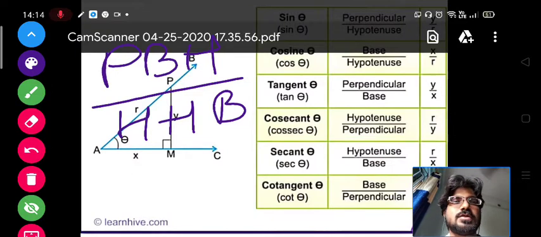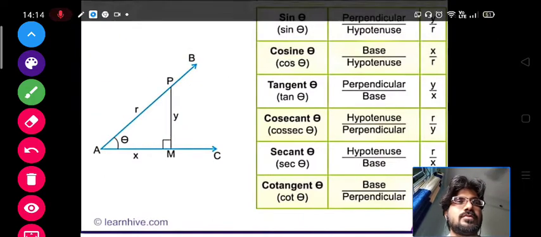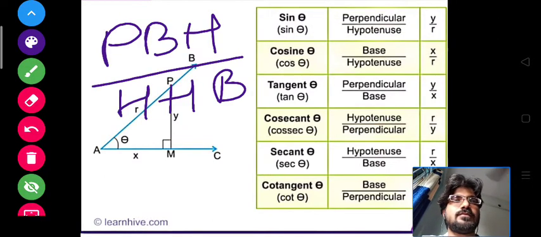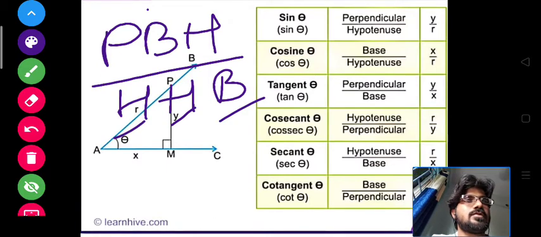P by h is called sine, b by h is called cos, and h by b is called tan.